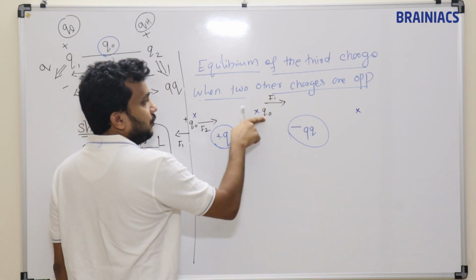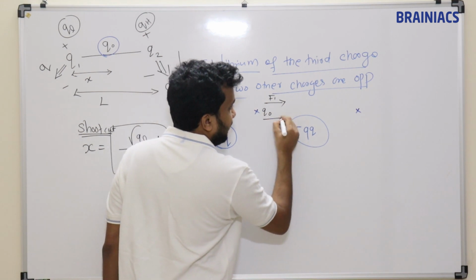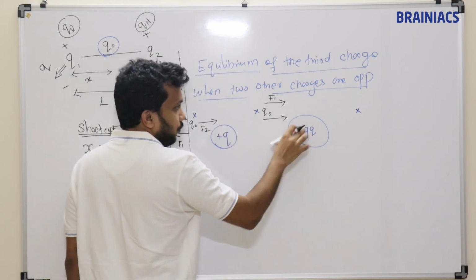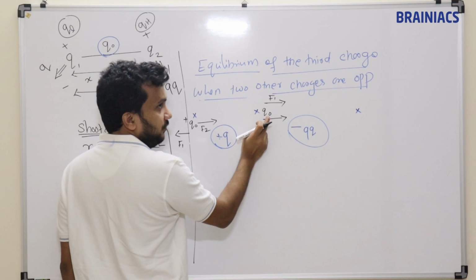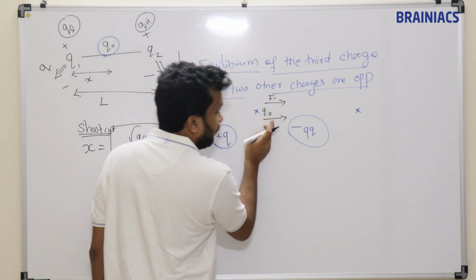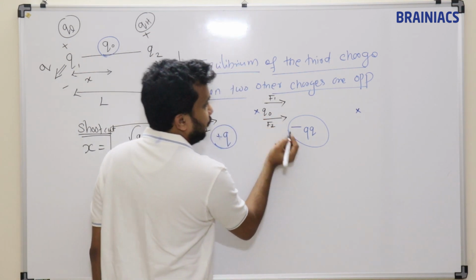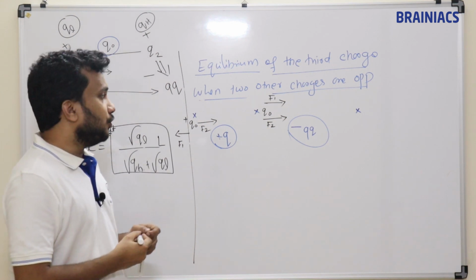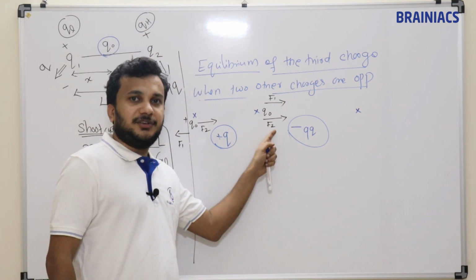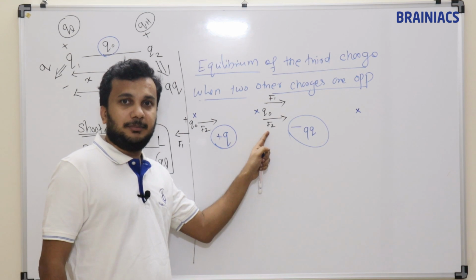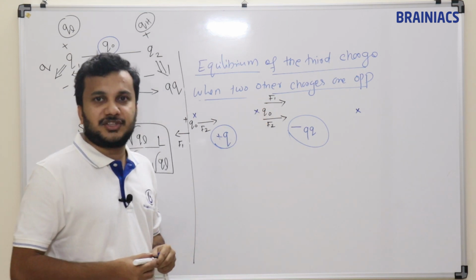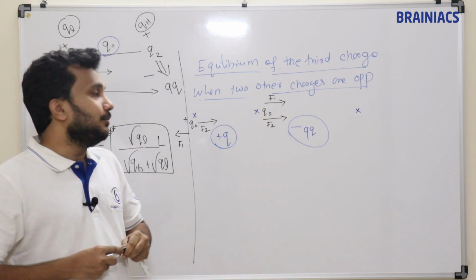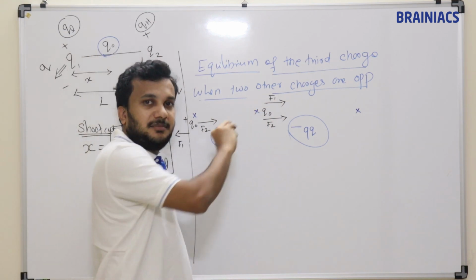Minus 9q with q0 will attract, so q0 moves towards minus 9q with a force called F2. Here both forces are in the same direction. Is there any chance these forces will cancel each other? Never, because both forces are acting in the same direction.